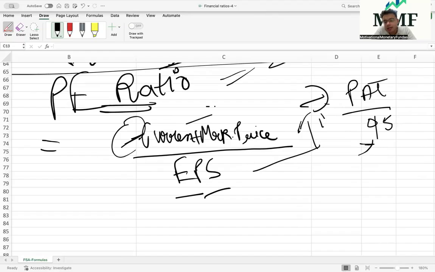We talk about this current market price. The current market price is a leading indicator of the market because it tends to change on a daily basis, right? Either we can call it a leading indicator or a coincident indicator. कुछ भी कहो, but it keeps on changing on a daily basis.